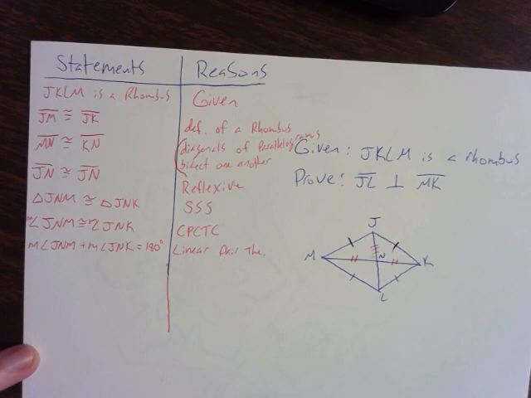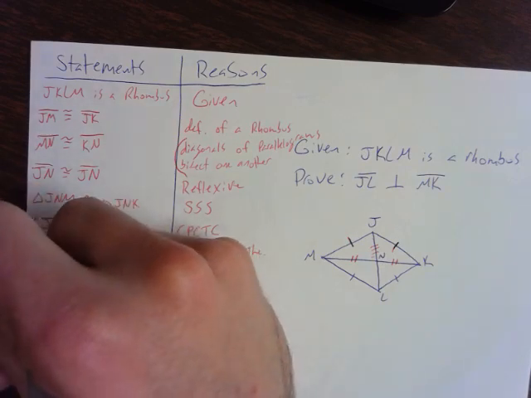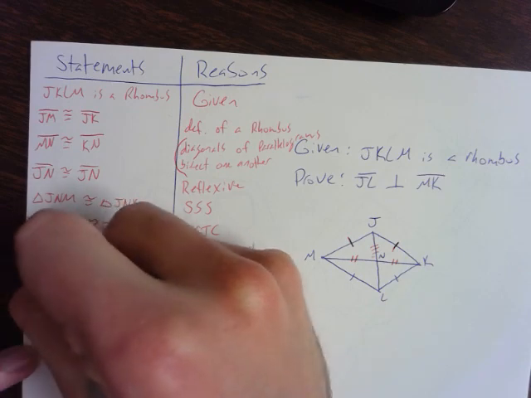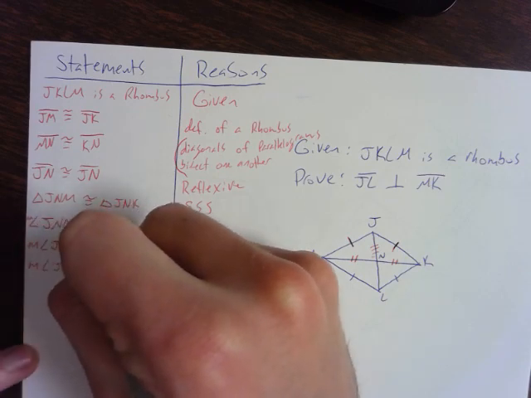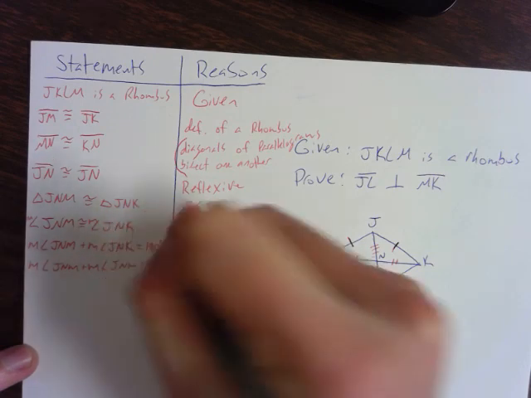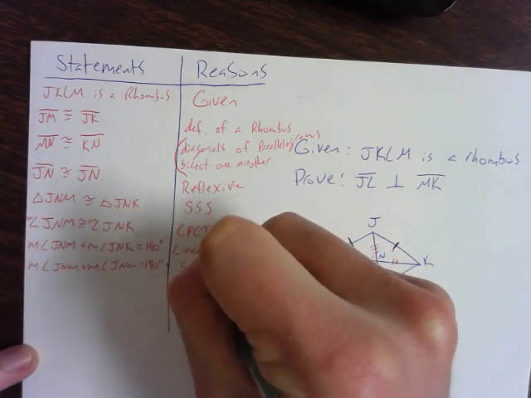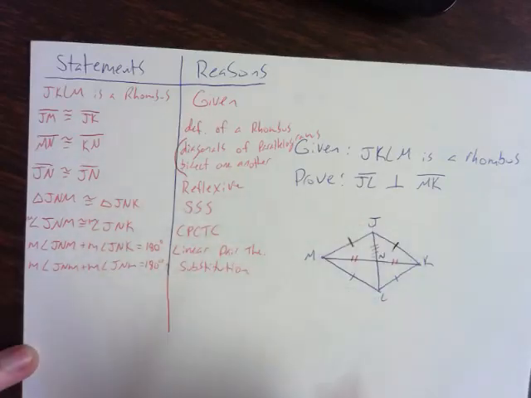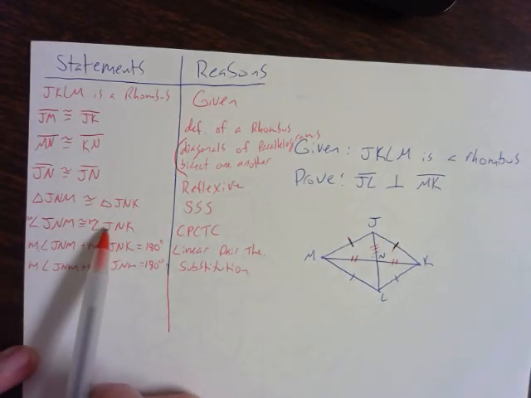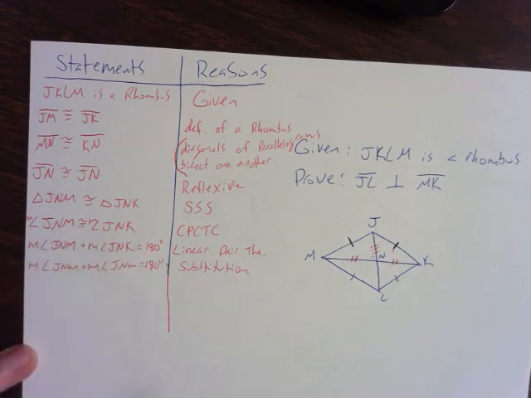So now I can use substitution to say that the measure of angle JNM plus the measure of angle JNM equals 180 degrees, and that's substitution. So I basically took this JNM, since it's congruent to JNK, and plugged it right in.